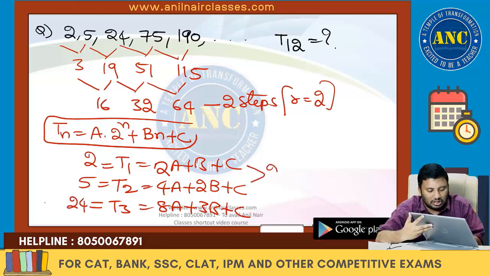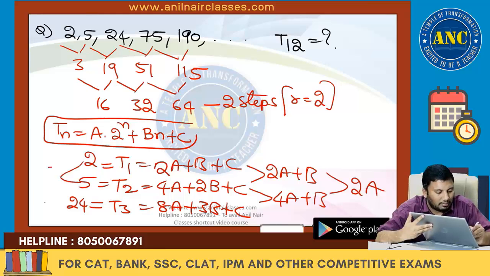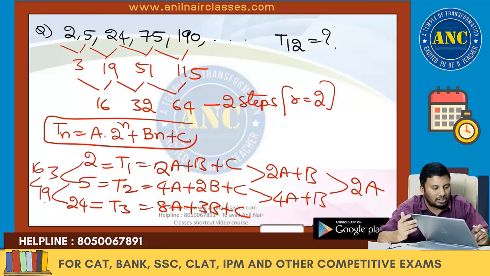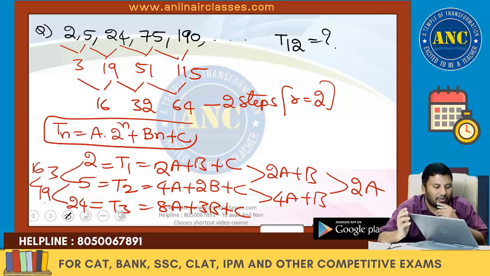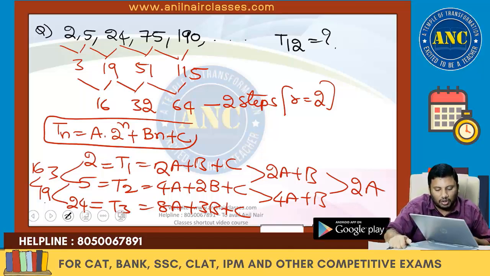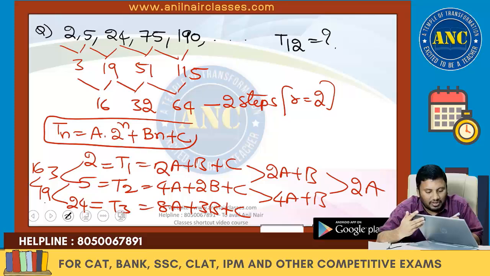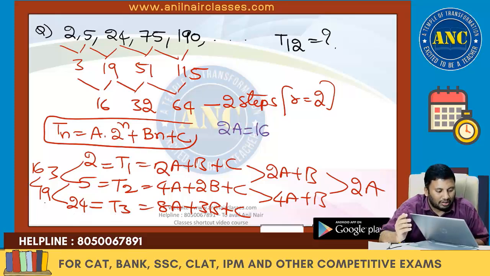So these are 2a plus b, 4a plus b, 2a; these are 3, 19, 16. From there you can derive your own conclusion. That is something which I leave for you, because that will be food for thought.